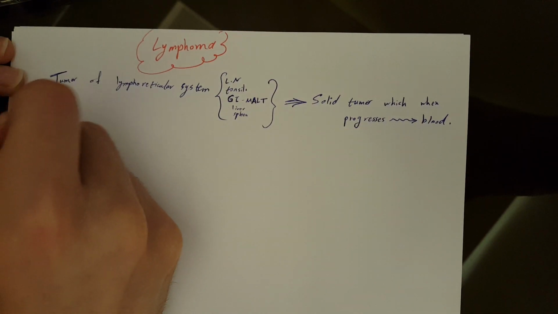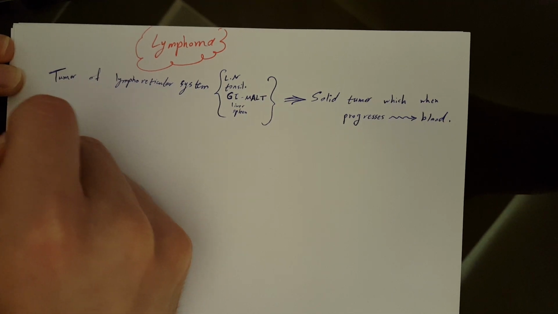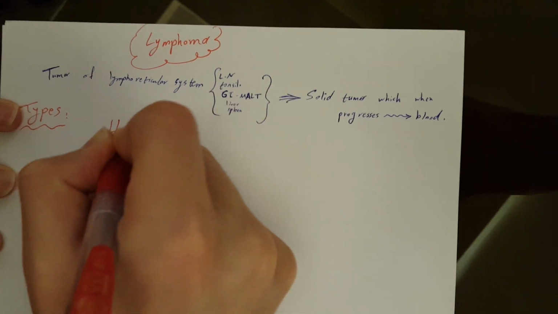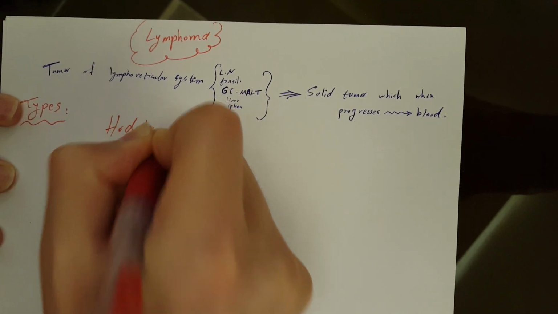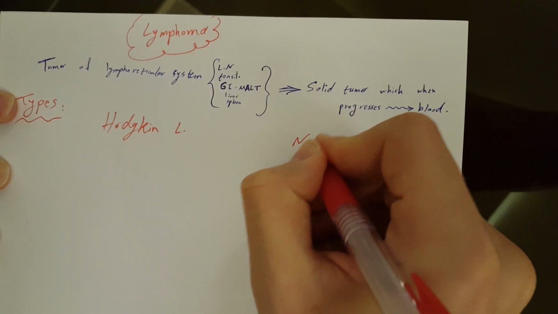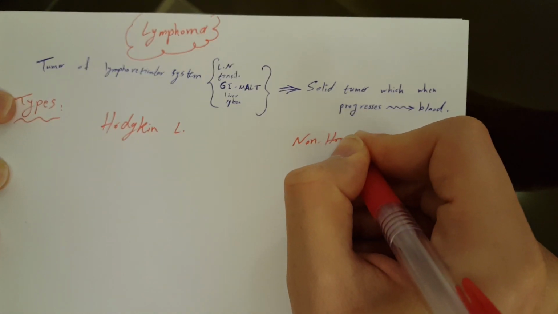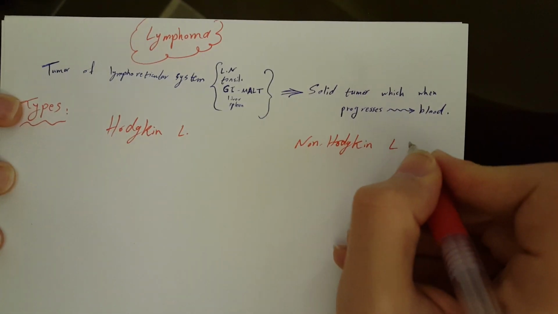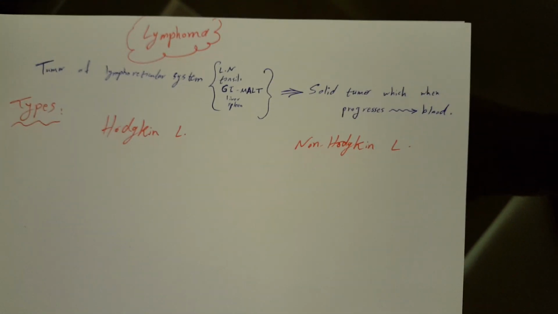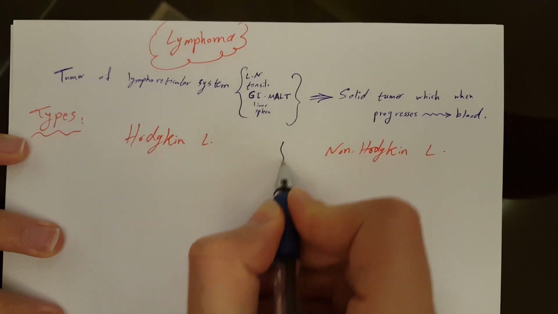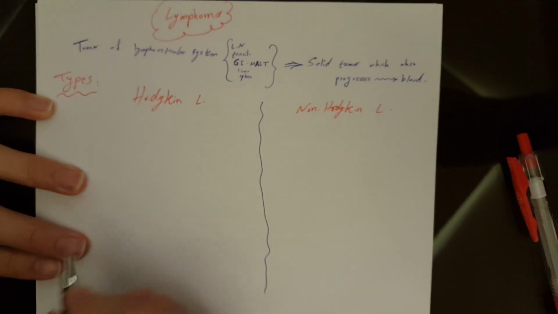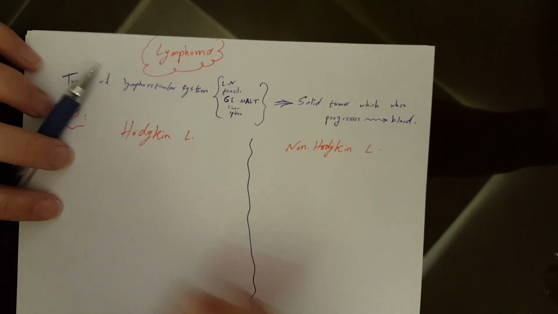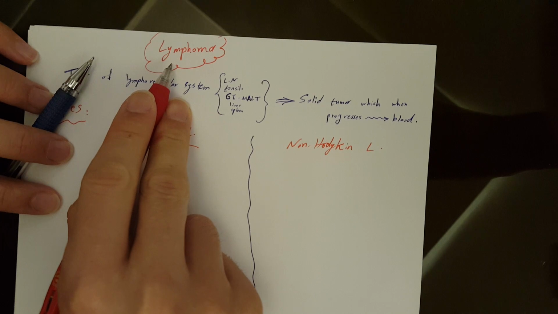So what are the types of lymphomas? We have two major types. We have Hodgkin lymphoma and non-Hodgkin lymphoma. What is the difference? Okay. Now, Hodgkin lymphoma, whenever you say Hodgkin, they are lymphomas, right?